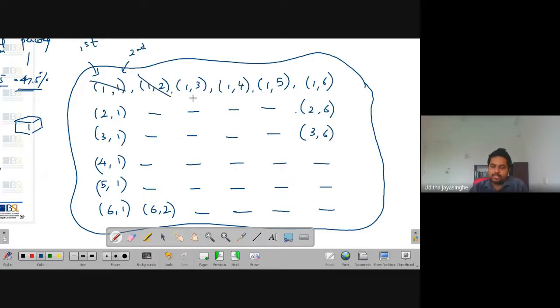Second one, no, likewise. So in the whole first row, no outcomes. But what about here? Now here you have one of these favorable outcomes. Why? One dice is going to give me number 6 and the other dice is going to give me number 2. Fine, I found one happy instance.